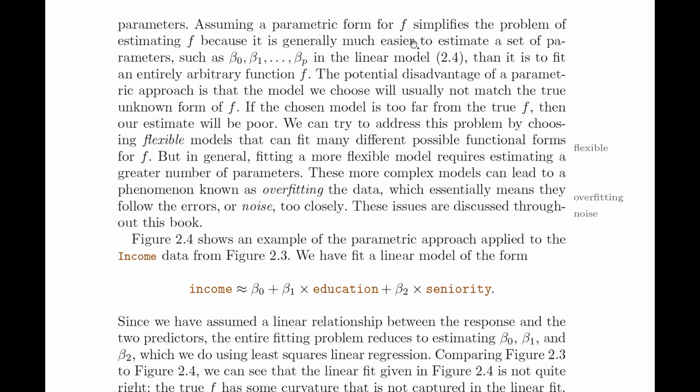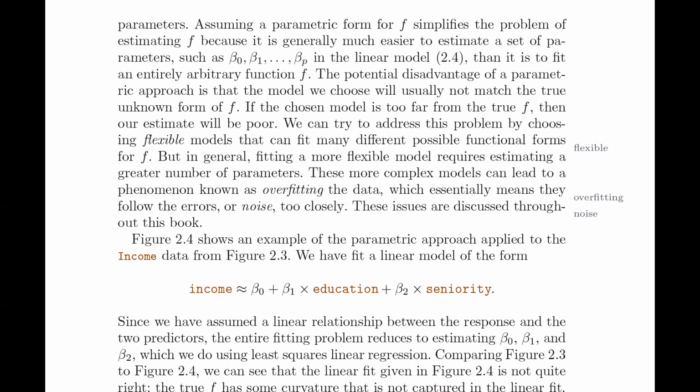Assuming parametric form for f simplifies the problem of estimating f, because it is generally much easier to estimate a set of parameters, and we're denoting the standard notation, by the way, as beta naught until beta p in the linear model than it is to fit an entirely arbitrary function f.